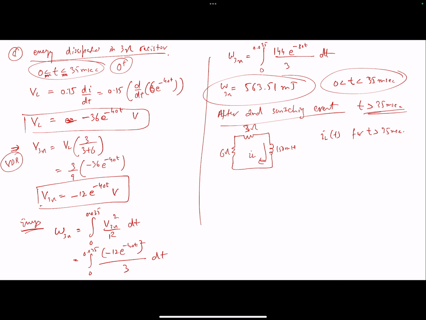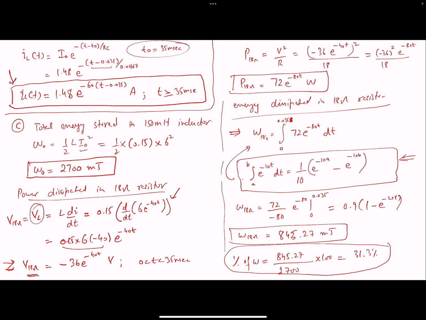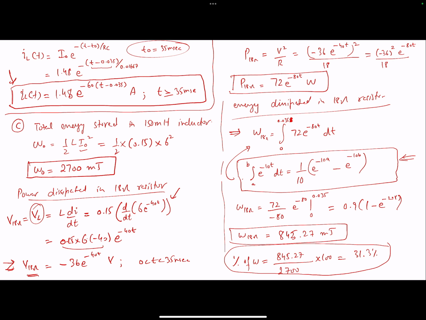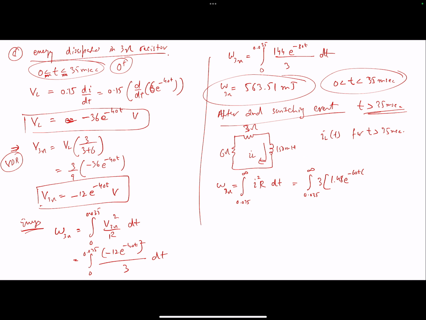The work done at the 3 ohms should be, from 0.035 to infinity, the integral of I squared times R times dt. R is 3 ohms, and I use the equation I equals 1.48 e raised to power minus 60 times (t minus 0.035).